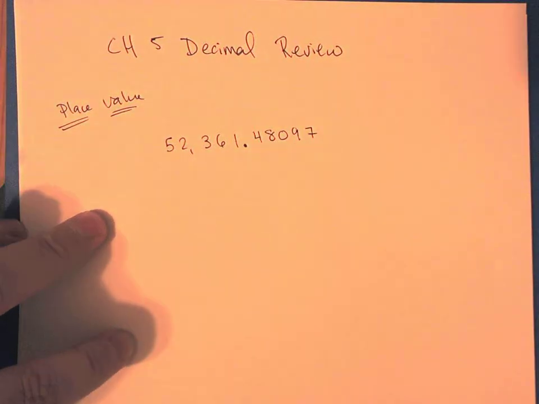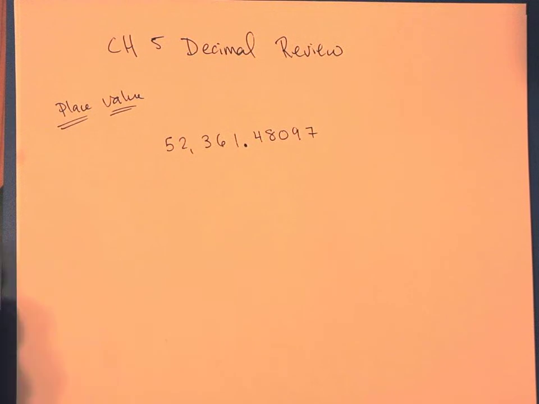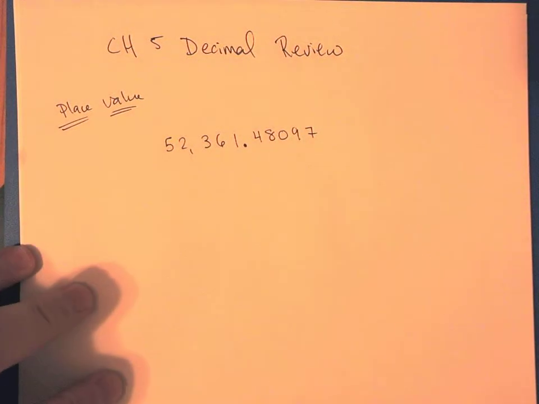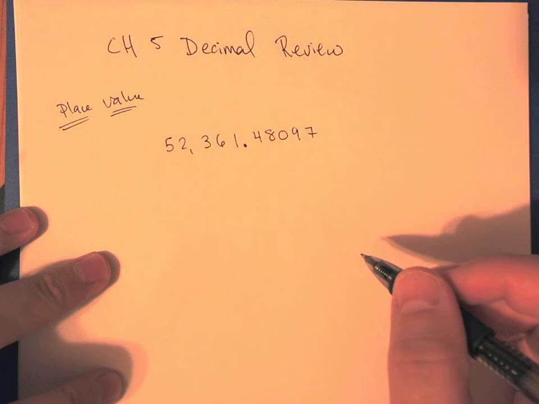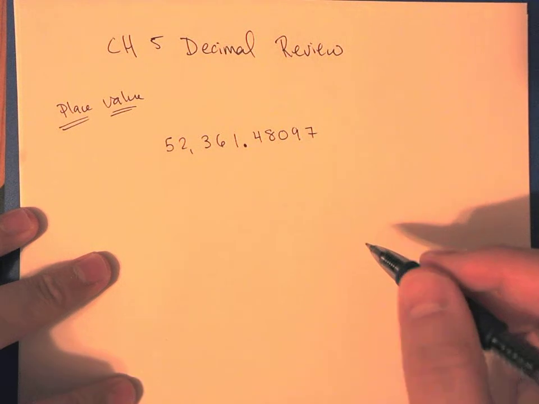So this is our decimal number, and what we're going to do here is label all the different place values. The way that we label this and talk about it actually tells us a lot about the values here, and actually also syncs up pretty nicely with the conversion into fractions.